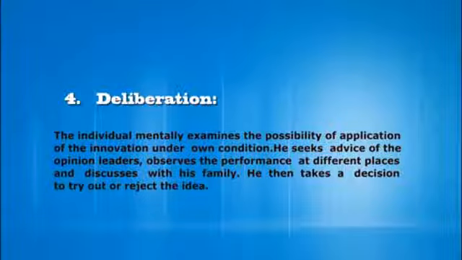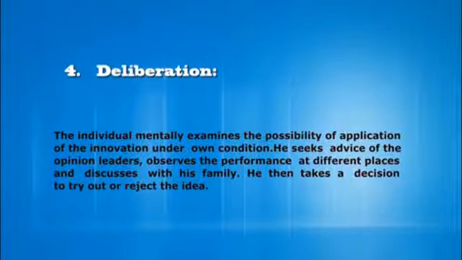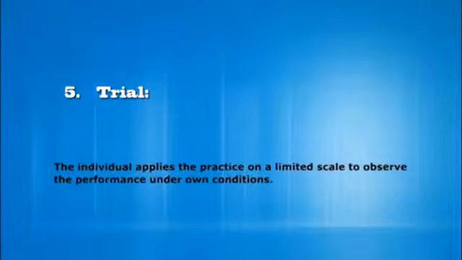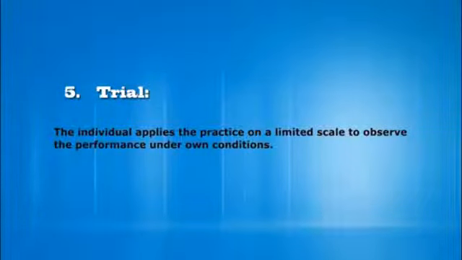He seeks advice of the opinion leaders, observes the performance at different places, and discusses with his family. He then takes a decision to try out or reject the idea. The fifth stage is the trial. The individual applies the practice on a limited scale to observe the performance under own conditions.